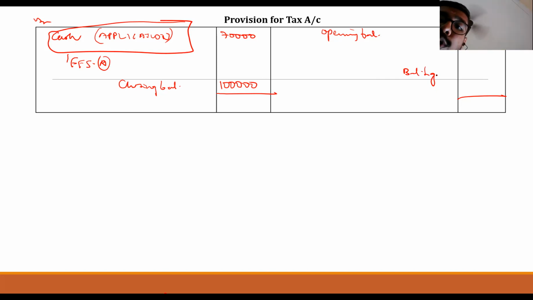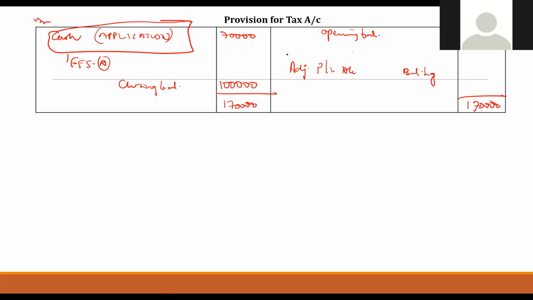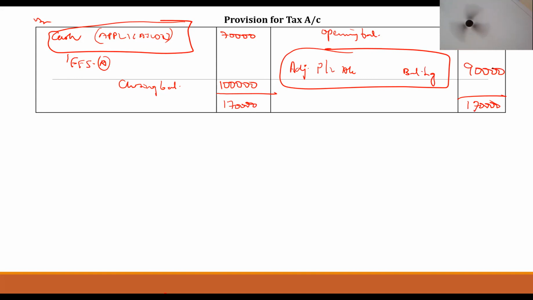Where do we take this amount to? Adjusted profit and loss account. Which side is more, debit or credit? Debit side. 1,70,000. What is the amount? 90,000. So the same adjustment. This is a similar problem that we have done two days back.